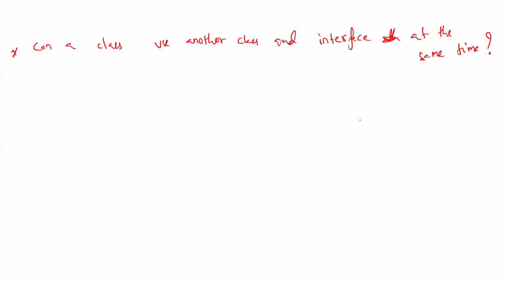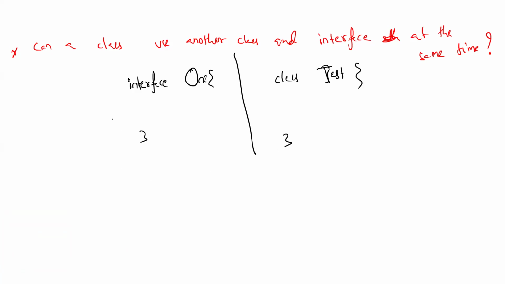That's a question. So for that, first let us take one interface, say interface 1. Then there is a class, some class test. Then what's the question? Can a class use another class and also an interface, but at the same time?